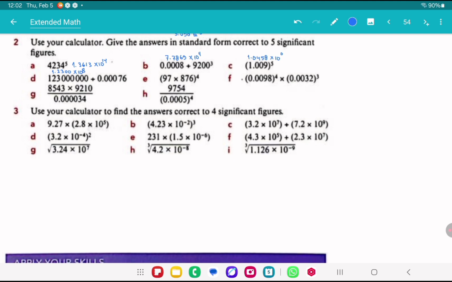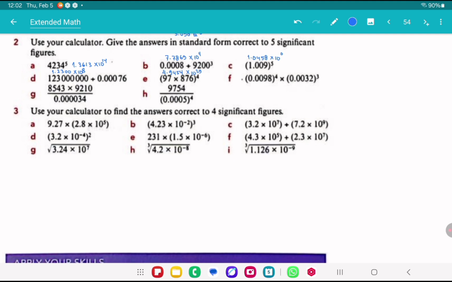For question E, we get the answer 4.94539, to 5 significant figures. So this one, we change to 4 multiplied by 10 to the power of 29.